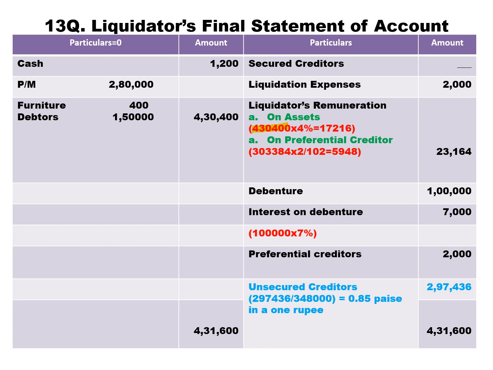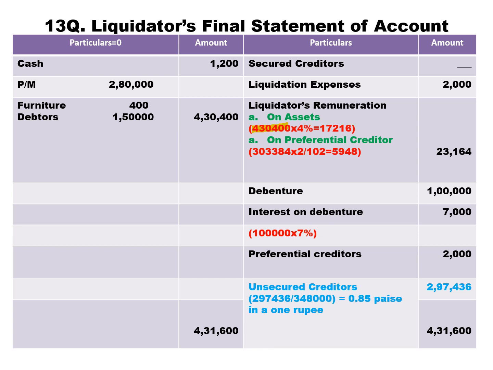Now let us check whether sufficient amount is available to pay unsecured creditors or not. Total unsecured creditor is 3,48,000. Let us check how much amount is available to be paid.